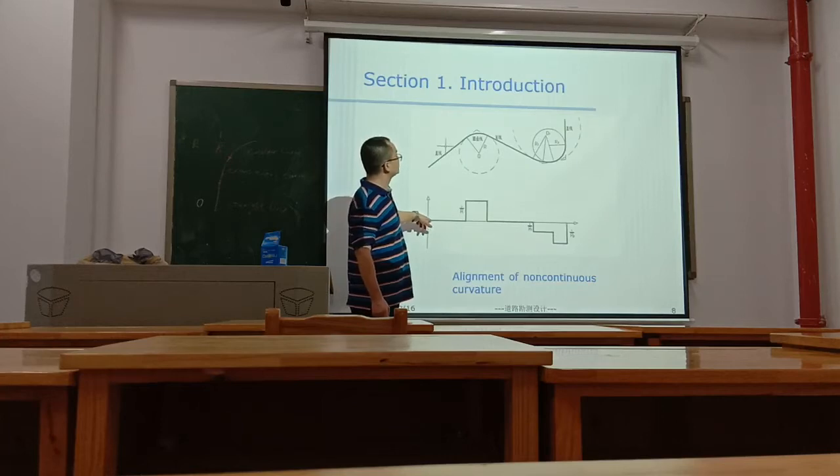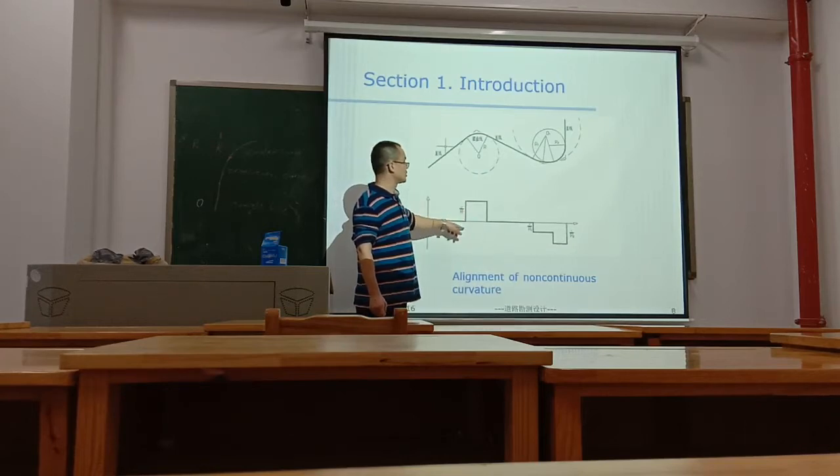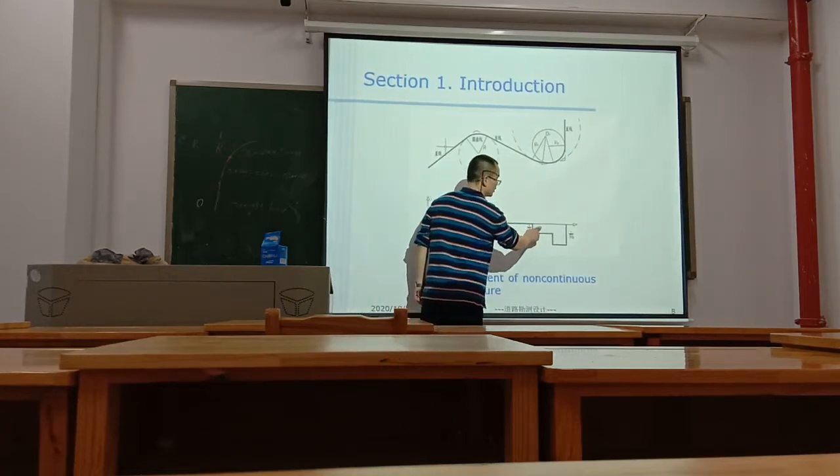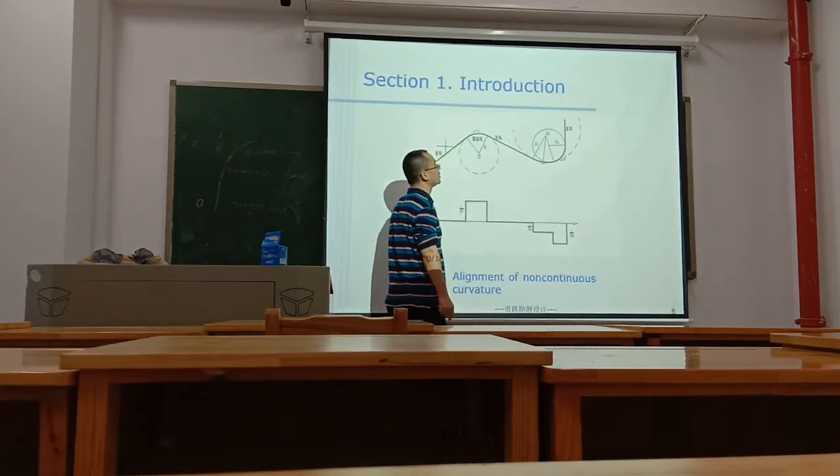The coverage is not continuous, because at this point there are two coverages, 0 and 1 divided by R.